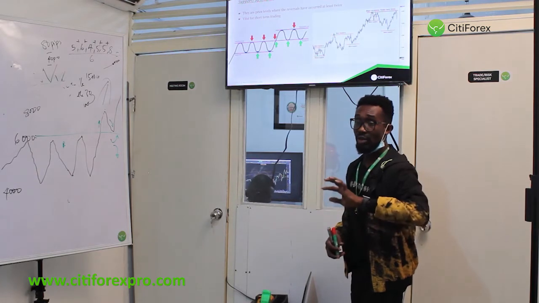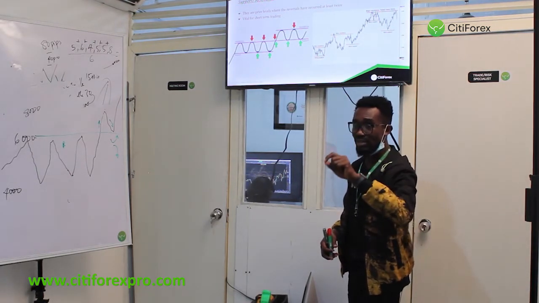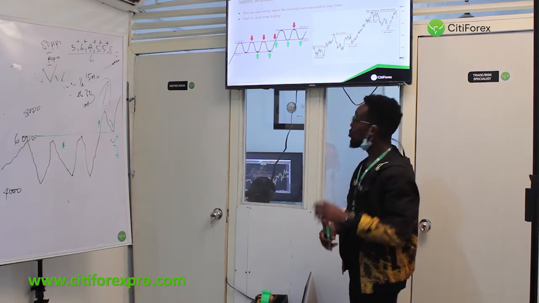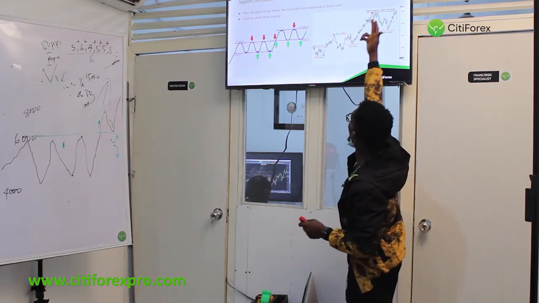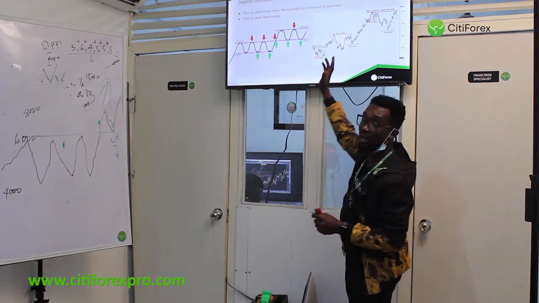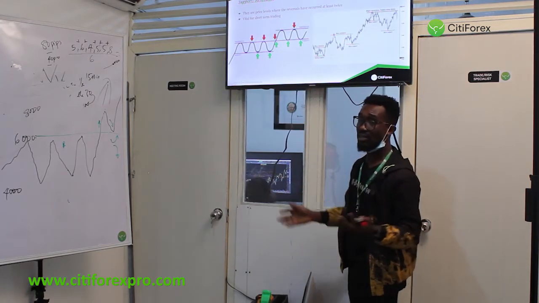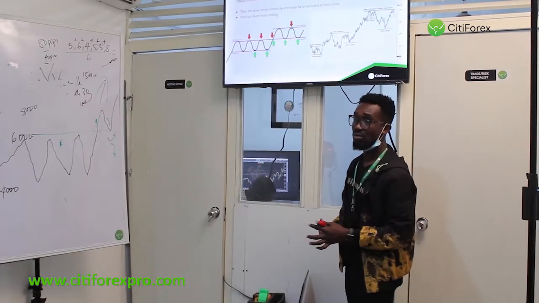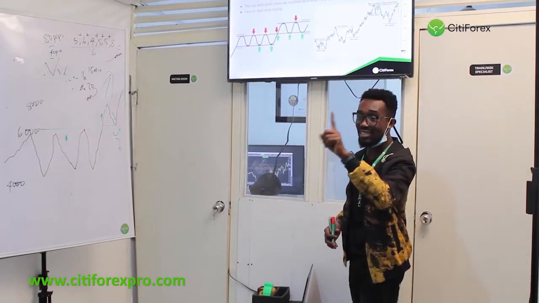I'm going to teach you when we get to resistance and support how to draw a good resistance or support line, because there are minor supports and major supports, right? You see some people, they have too many lines on their chart. Even indicators, they have too many indicators. It's wrong. If you are looking for a trend following indicator, one is enough.